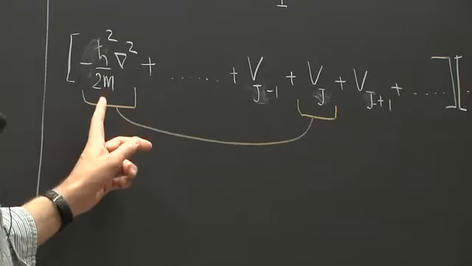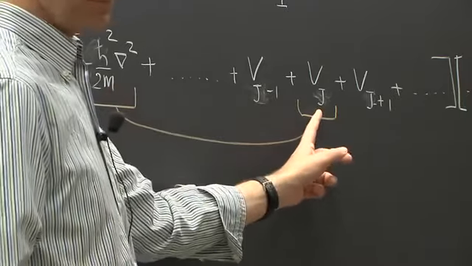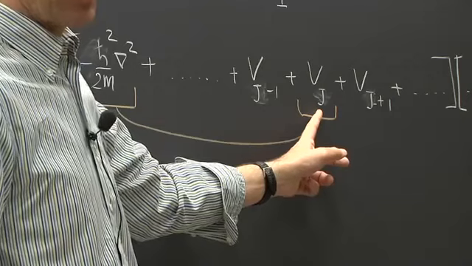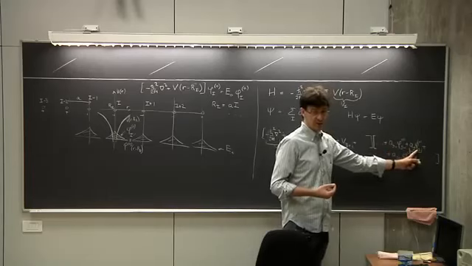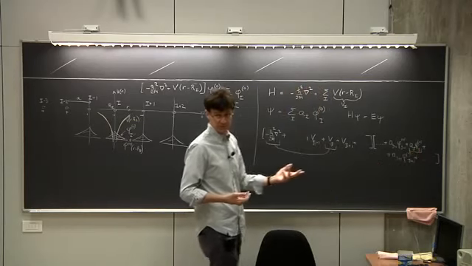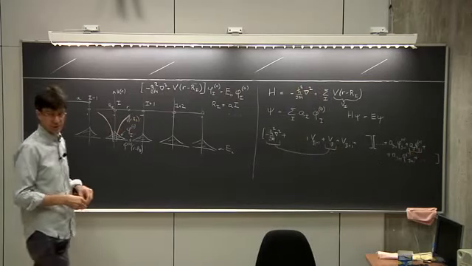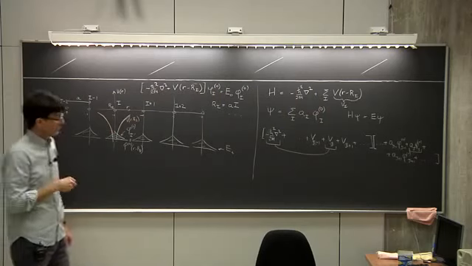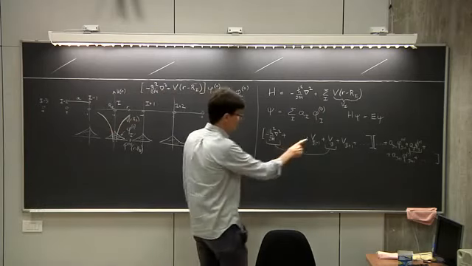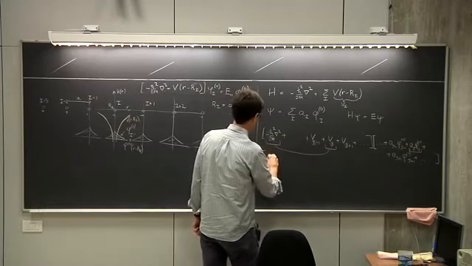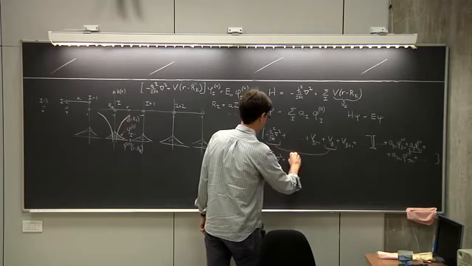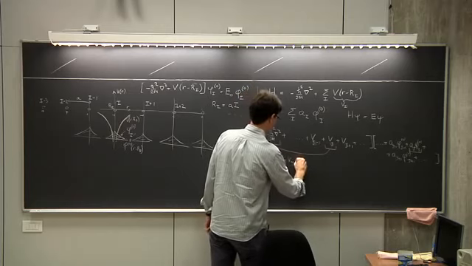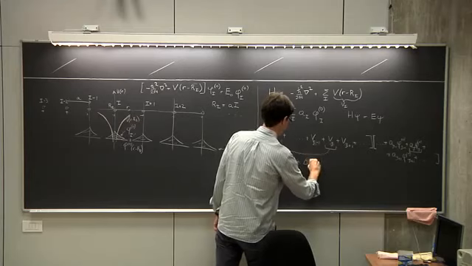Of course, it is obvious why I'm doing that, right? Because this plus this is exactly the atomic Hamiltonian at site j. And when I apply to this one, I'm going to get the atomic energy, right? So there is a good reason why I'm doing that. So let me rewrite this in this form. Plus Vj plus delta Vj.